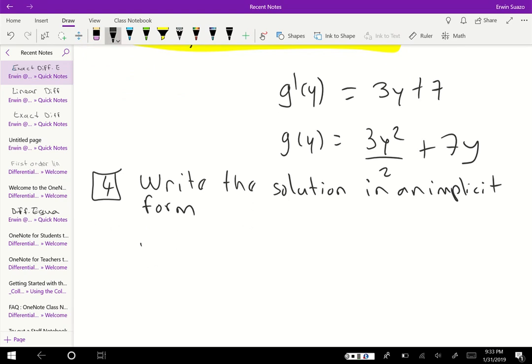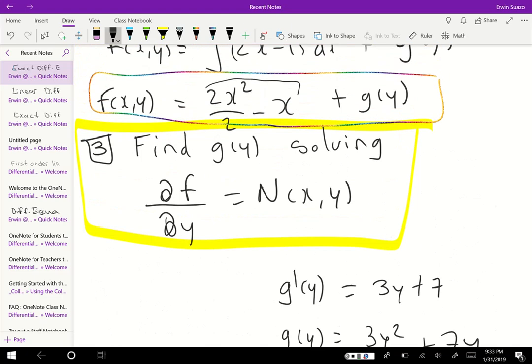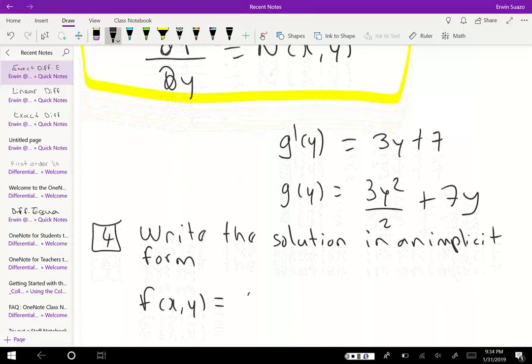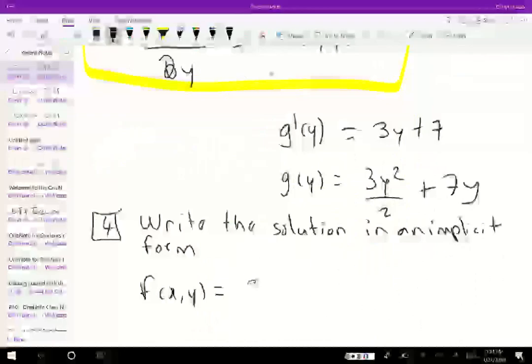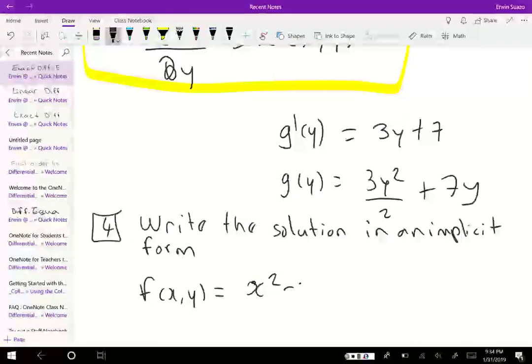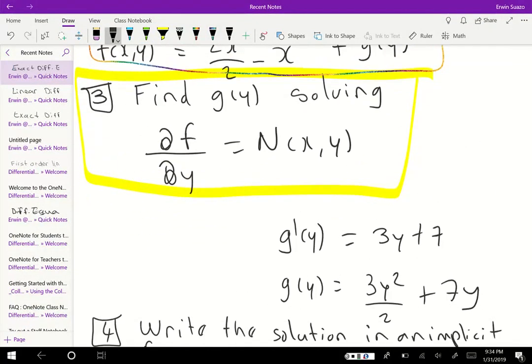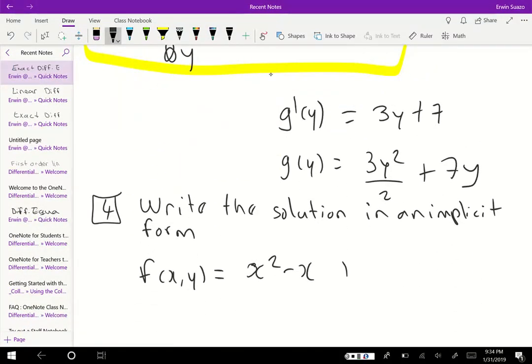So the implicit form is f of xy equals x squared minus x plus g of y. g of y is 3y squared divided by 2 plus 7y. And we don't need to write the plus c over here, okay?